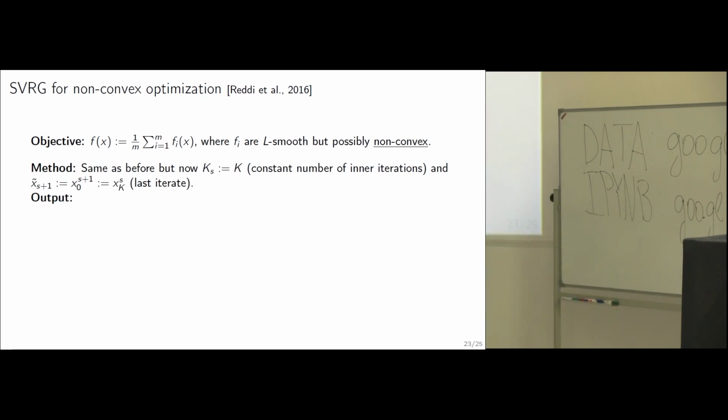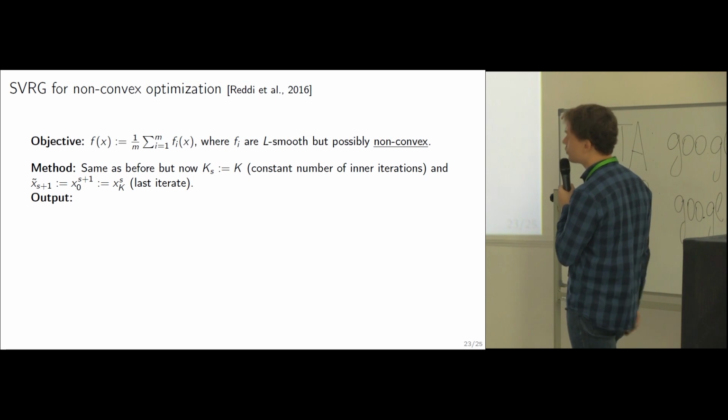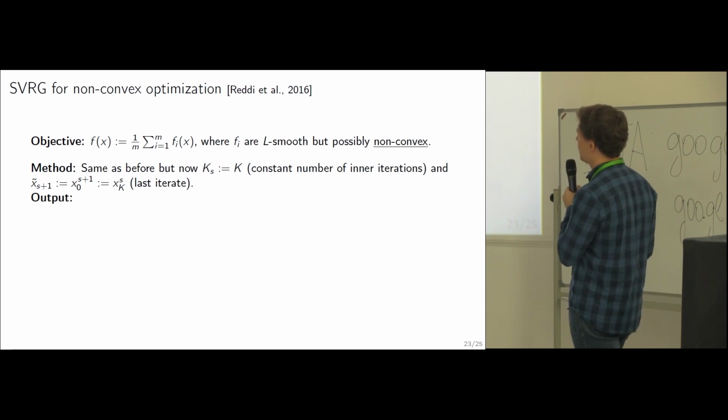In the previous slide, we talked about convex optimization. Actually, this method SVRG can be generalized to non-convex optimization as well. It is exactly the same method, but we need to choose the reference points slightly differently.